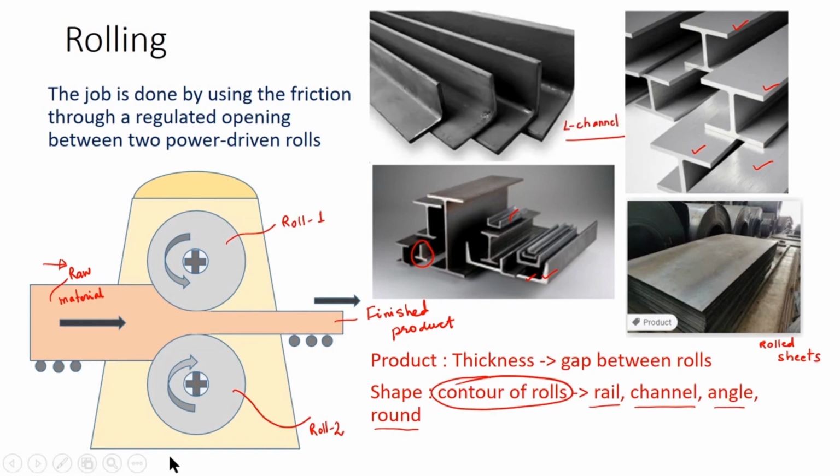In addition to this basic rolling process, there are other processes, as I mentioned: the forging process, the drawing process, and the extrusion process. In all these processes, we apply mechanical energy and plastically deform the material. The forging process is a hot forming process.